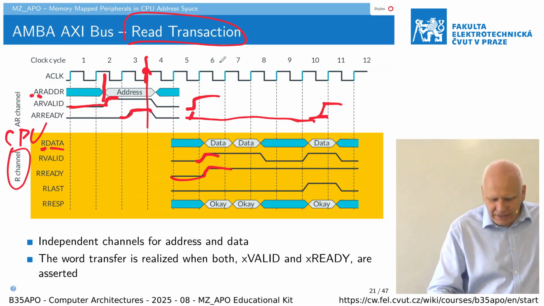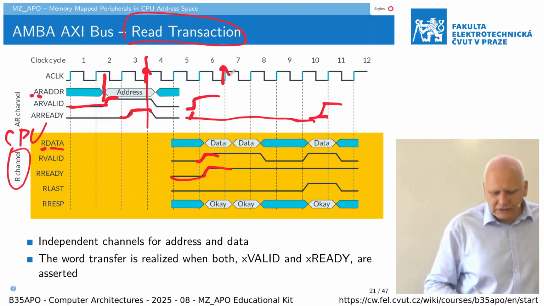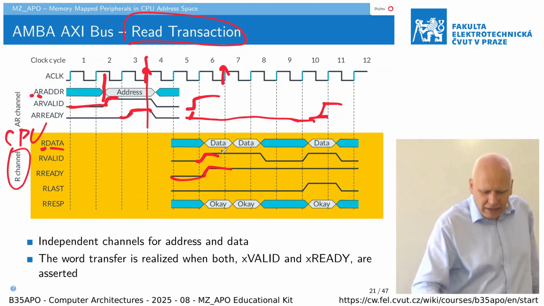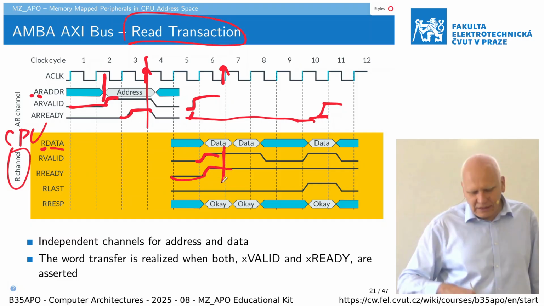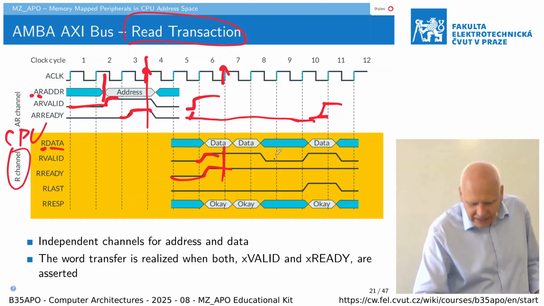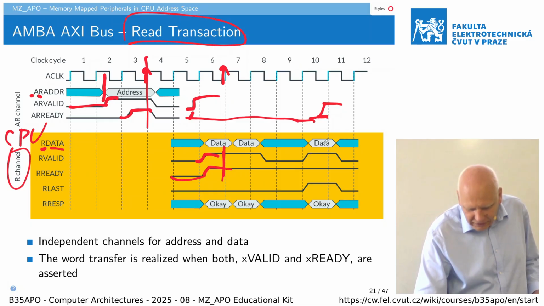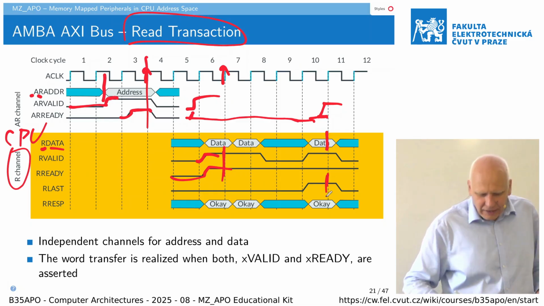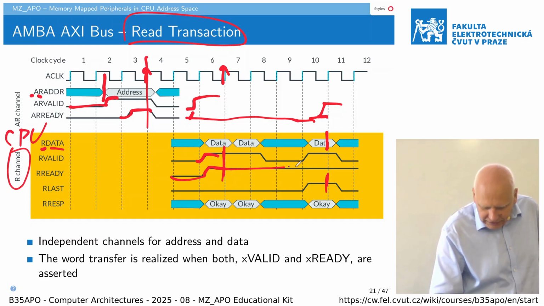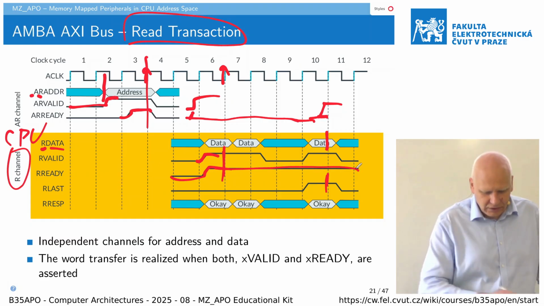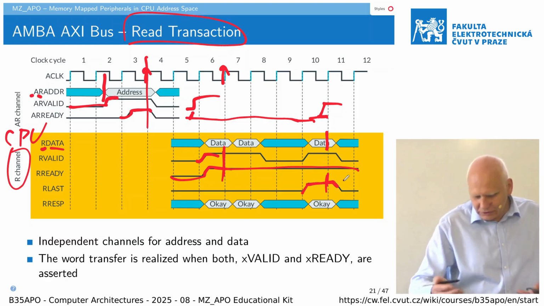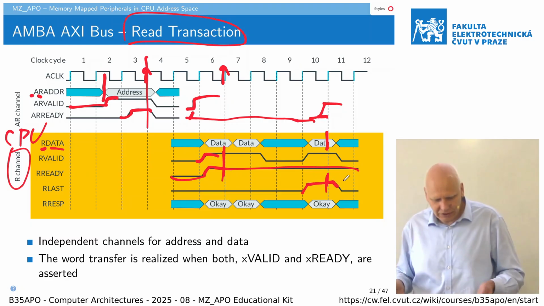the data are valid, then at the rising edge of the clock signal the transfer is realized. If ready is not asserted, then the given data are not considered valid, and we consider the data valid when there is already a receiver of the data, but the source has some problems and needs to delay, wait, for example, for the memory and so on.